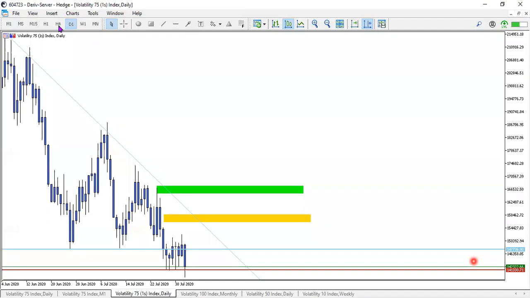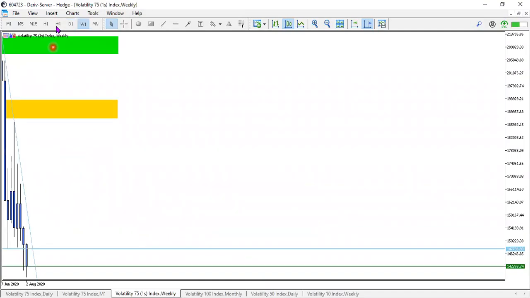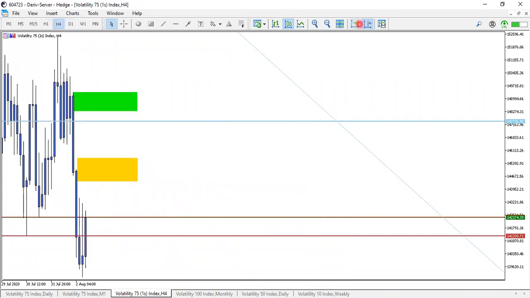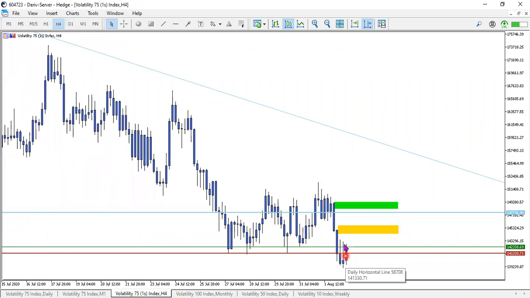Okay, so looking at the H4 chart, this is basically that momentum that we're seeing off those monthly rejections. If you look at this part here, you can see these are basically those monthly rejections that we are seeing. And this zone over here, what we'll basically see is a retest into this area here, a touch into there.